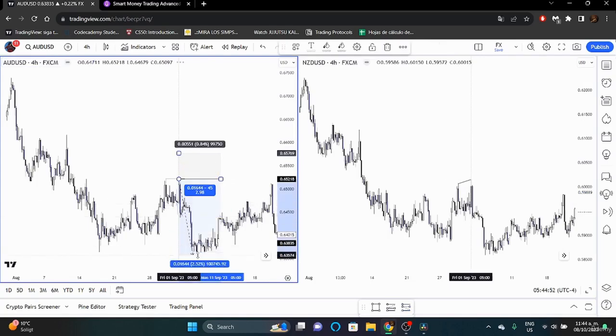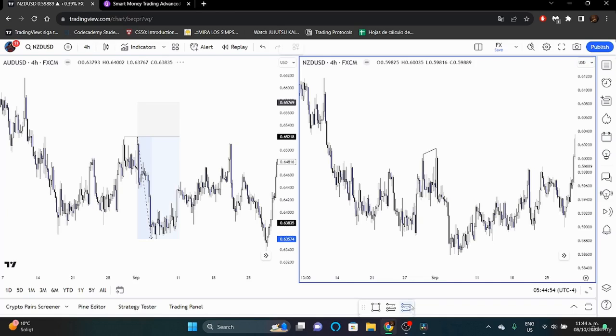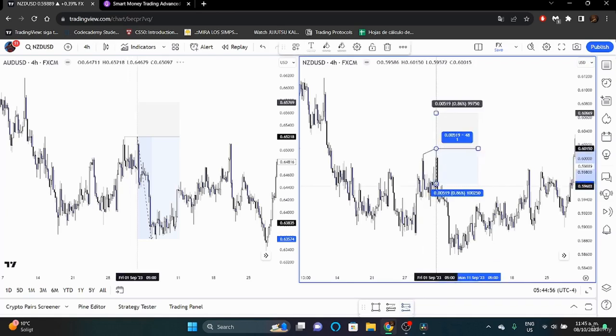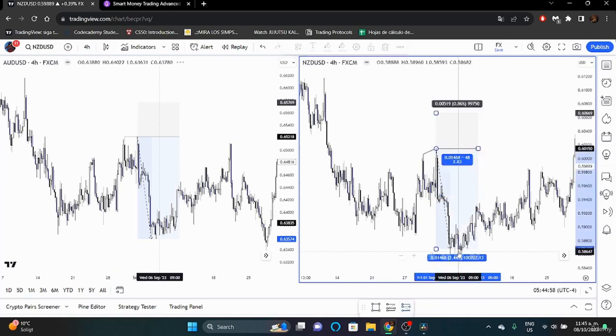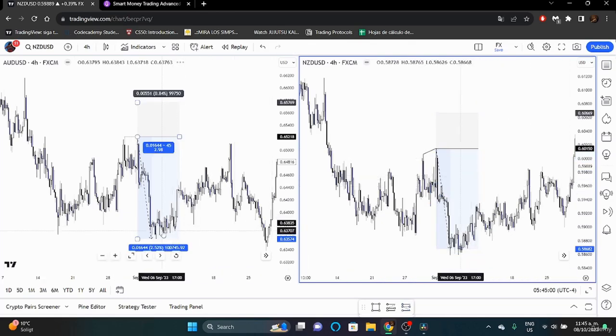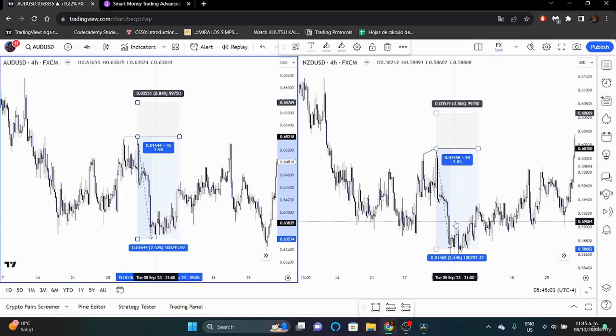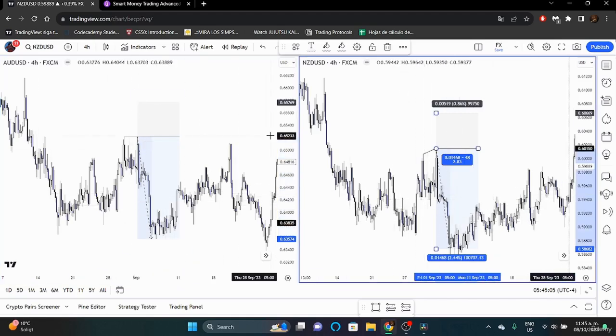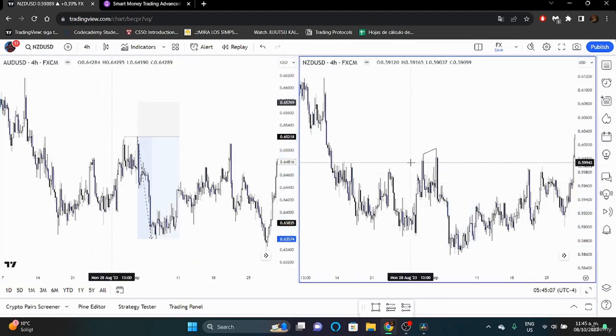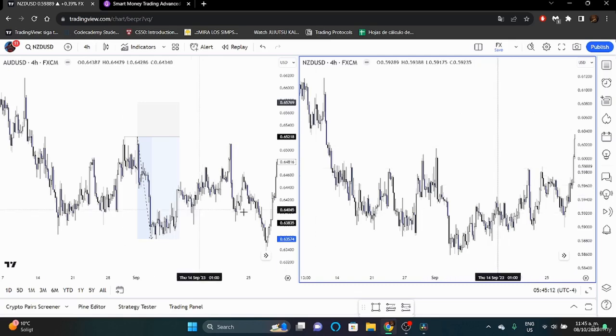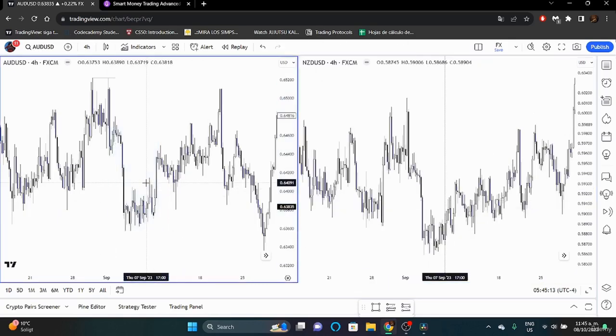Look, 2.54, 2.4. Okay. It doesn't really matter how much percentage, since the pair depends on how much the change is, but you can see with your eyes how much bigger the fall is.